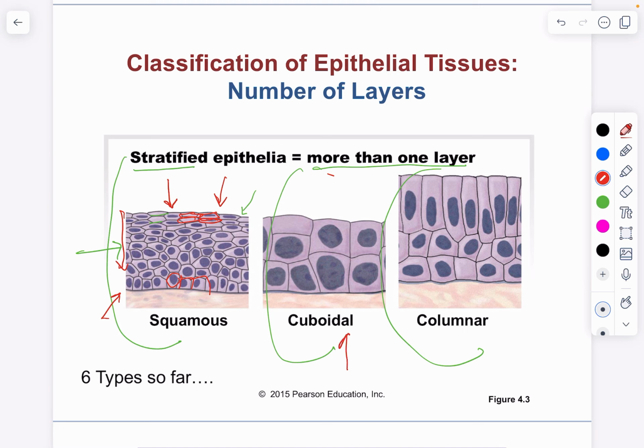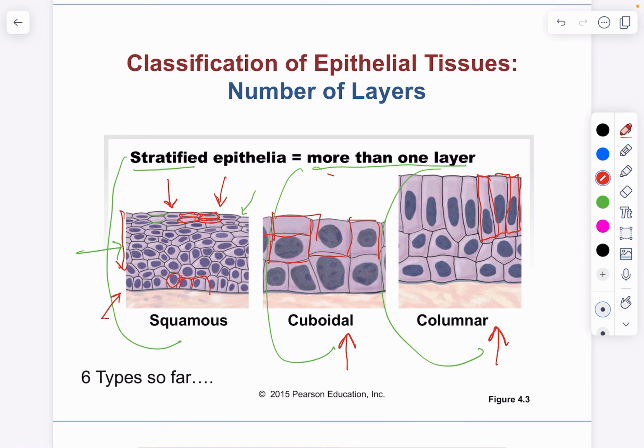Now moving on to this, we have more than one layer, so it's immediately stratified. The top layer is cuboidal, right? You see that? So we would call this a stratified cuboidal epithelia. And then here we have more than one layer, so we call it stratified. Then we look at the topmost layer, and we see these columnar cells.